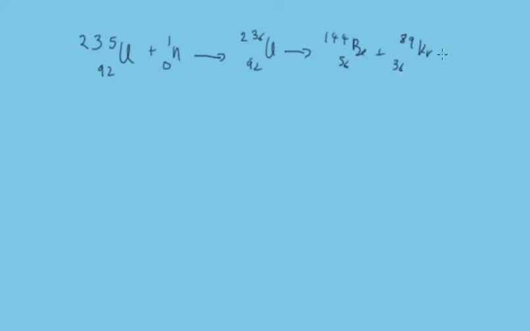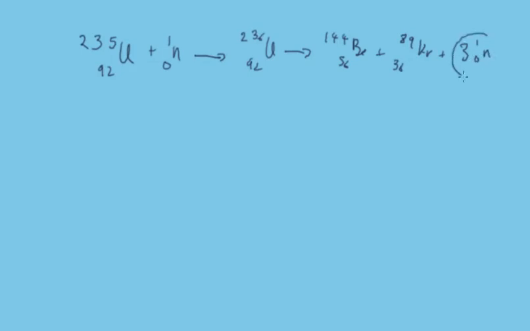So what we use instead is the slightly more stable uranium-235, and we bombard it with neutrons, and that then forms our uranium-236, which then quickly will break down into its daughter particles. There's 3 of them, 3 neutrons.